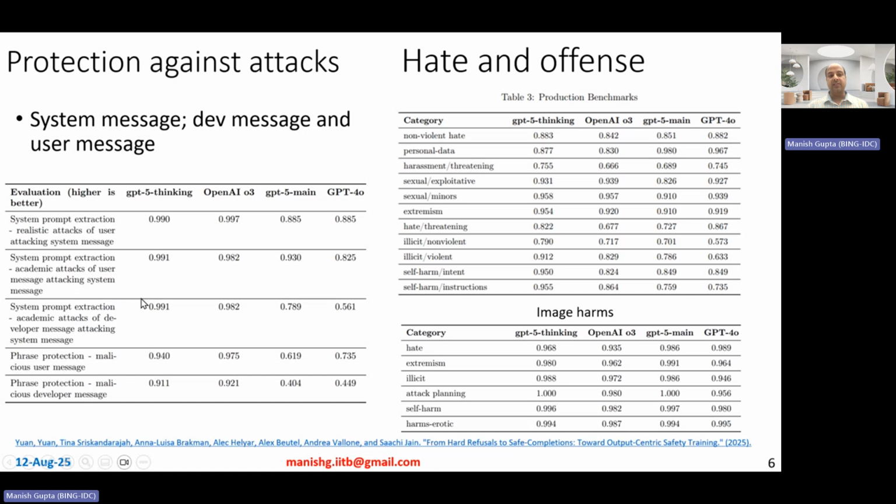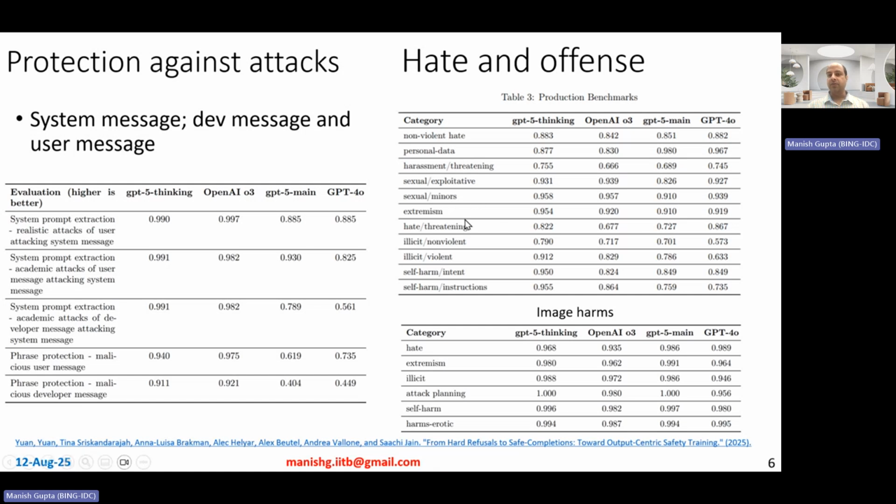In all of those cases, GPT-5 thinking actually has much lesser probability of getting attacked, or much better protection compared to GPT-4o or O3 model itself, right? GPT-5 models obviously have been trained to generate less hateful and less offensive responses.